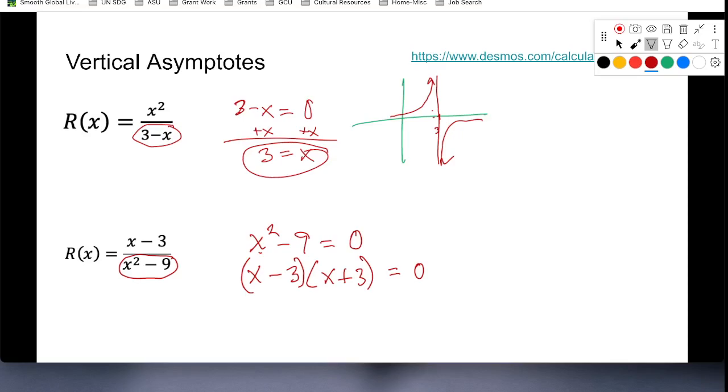And so then we might look at that and say, okay, we're going to get asymptotes at positive 3 and negative 3, because this will solve out x minus 3 equals 0. So x equals 3. And then we'd say x plus 3 equals 0. Subtract 3 from both sides, x equals negative 3. So we're thinking we're going to get asymptotes at both these places.